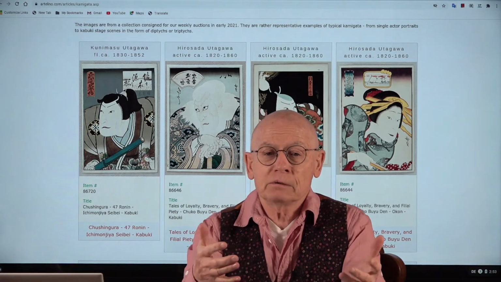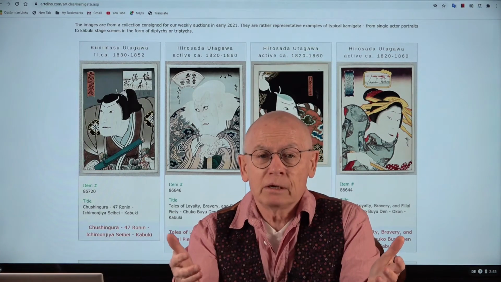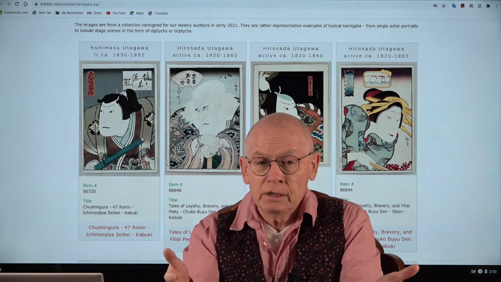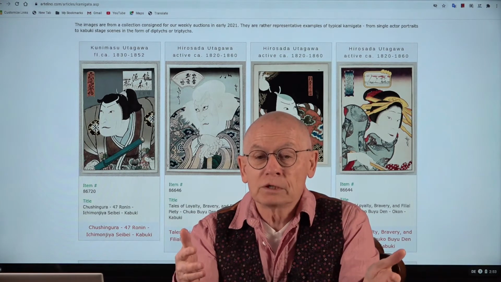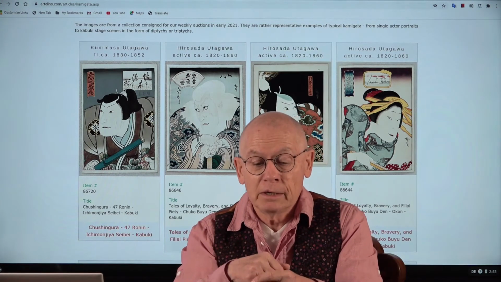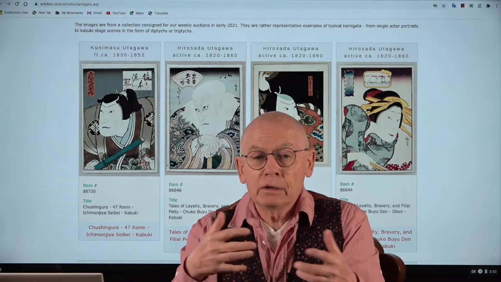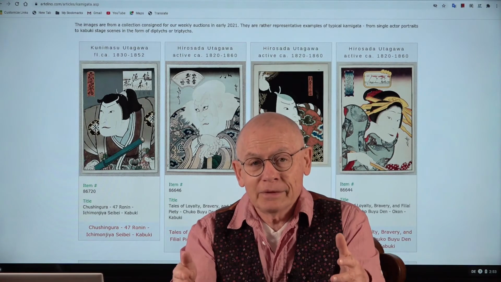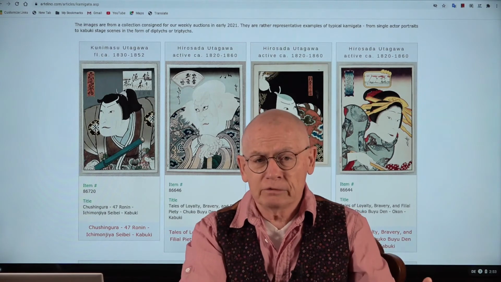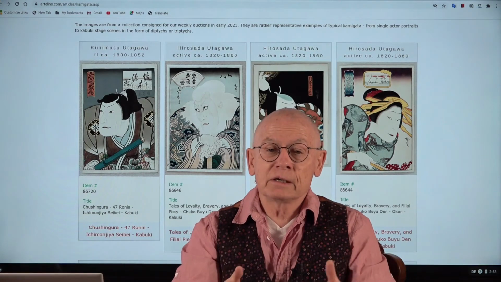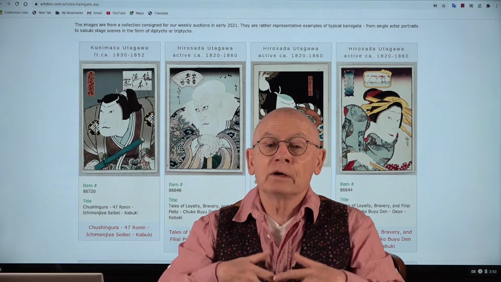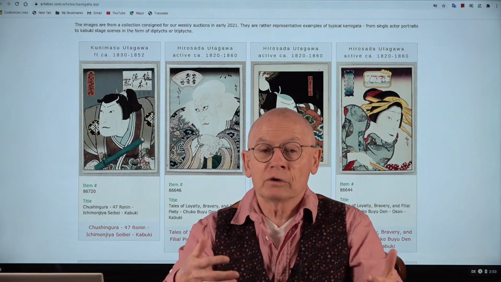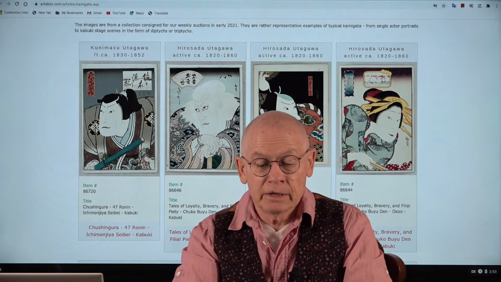No, this was best described as a huge commercial print shop, and it was not the only one in Edo, but the Utagawa was the dominating one. And well, there were also small print shops in Osaka, and their prints were a little bit different from what their colleagues in Edo produced, and therefore Osaka prints are today a genre of their own for collectors of Japanese prints.